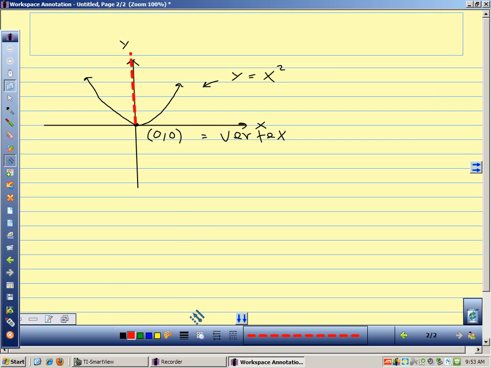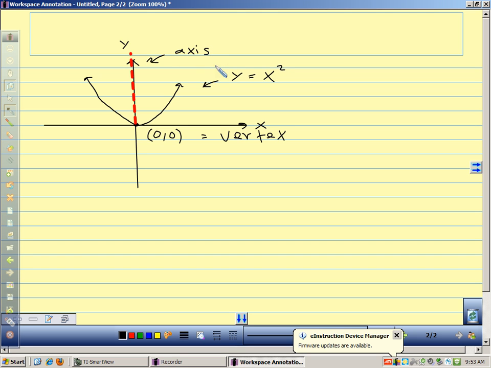We call this the axis of the parabola. So our axis here is x equals 0. The line x equals 0 is our axis.